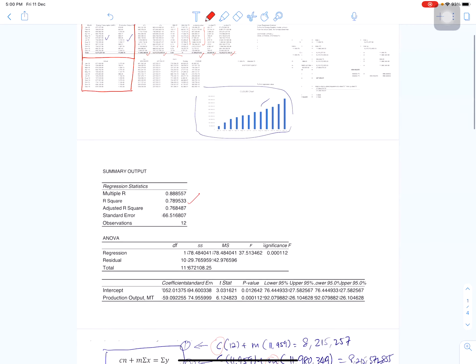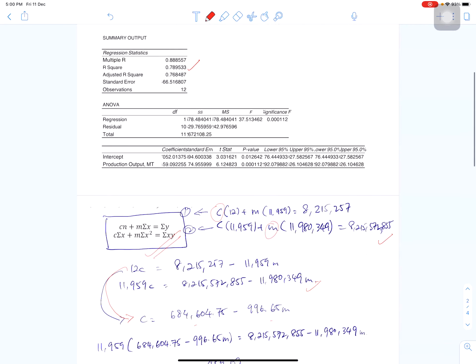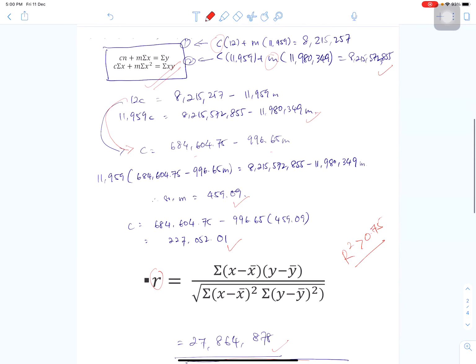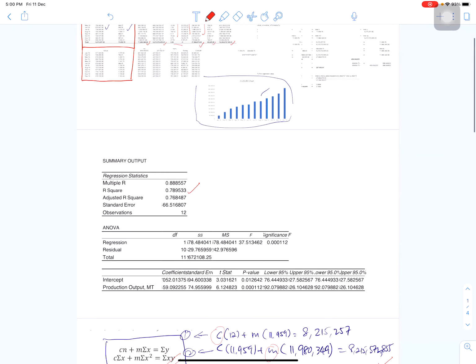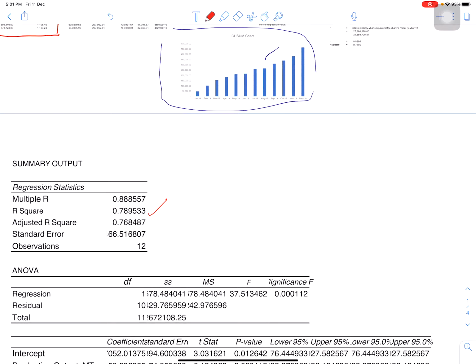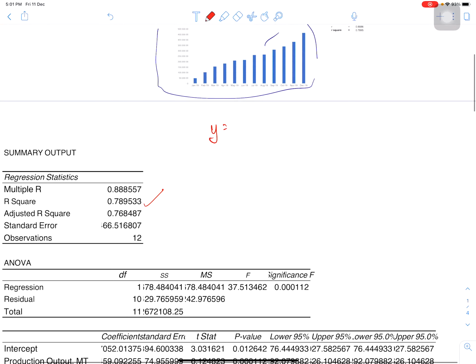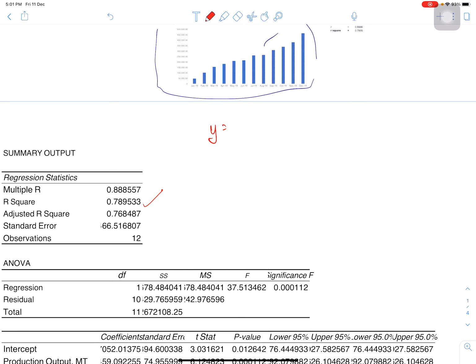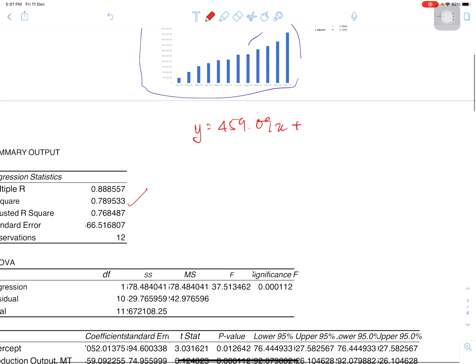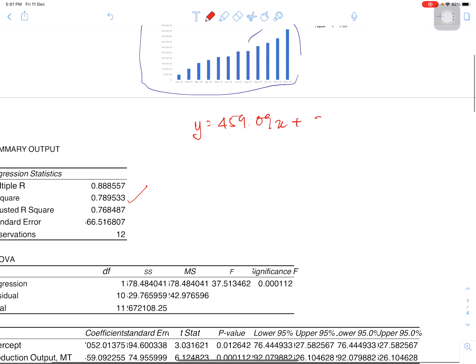So from the R square value and the equation, we get the energy equation model, which is y equal to 459.09 x plus c, 227052.